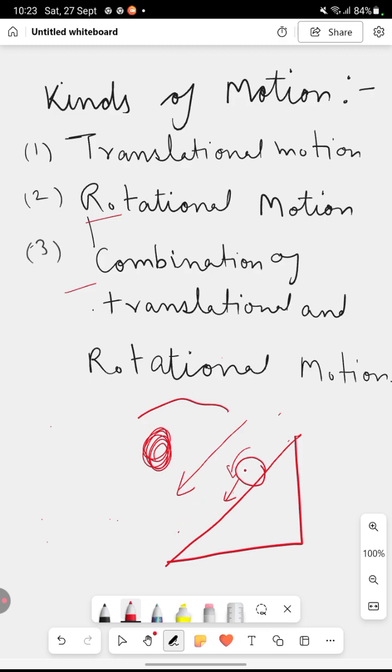So here we can say this wheel is showing a combination of translational and rotational motion.